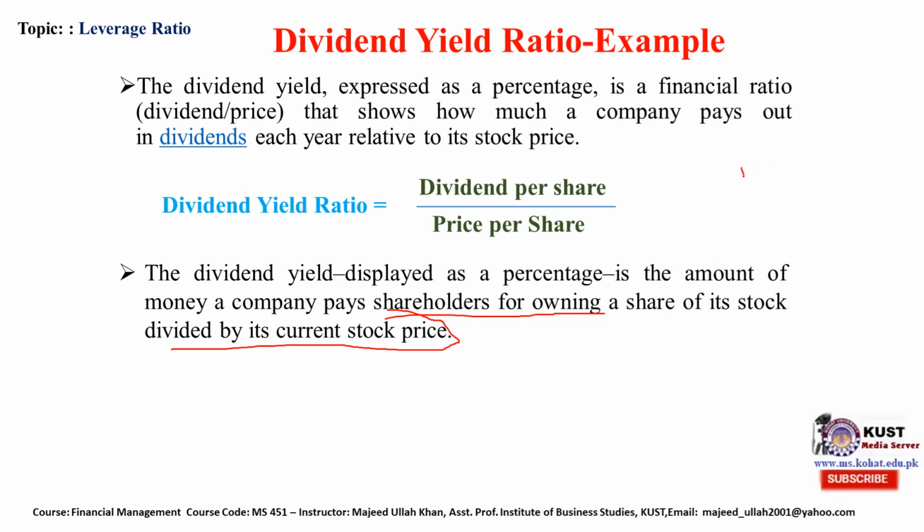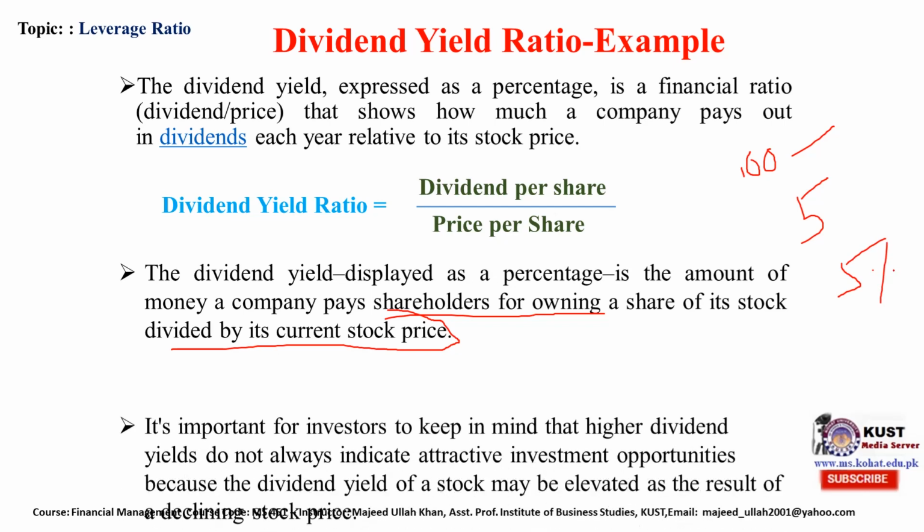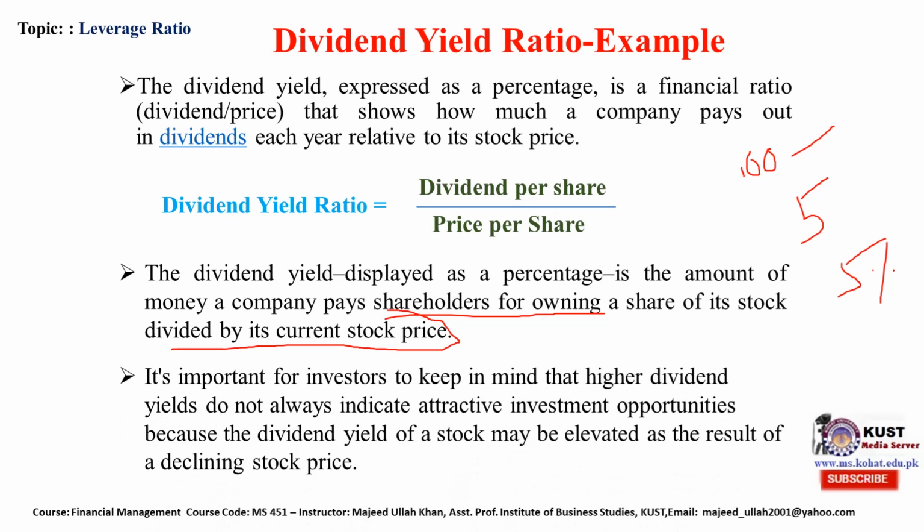It means if a person invests 100 rupees in any company for a whole year and gets 5 rupees as a dividend, it means the 100 rupees yield only 5%. It is important for investors to keep in mind that a higher dividend yield does not always indicate an attractive investment opportunity, because the dividend yield of the stock may be elevated as a result of declining stock prices.